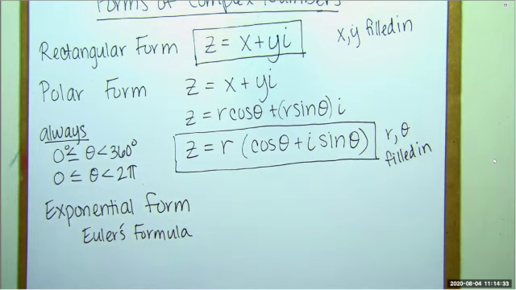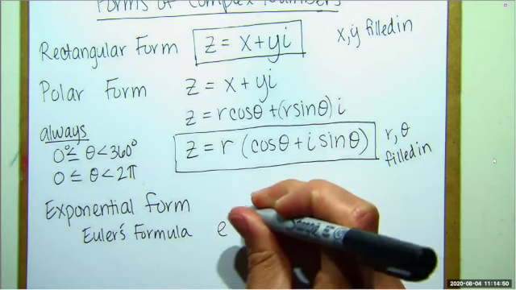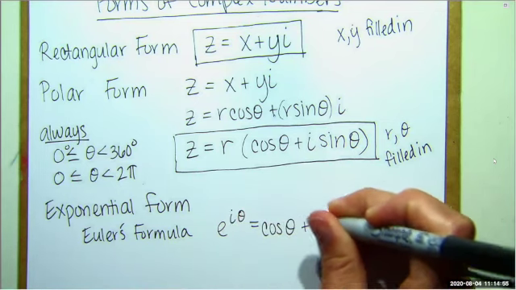Euler came up with this other really amazing formula, the proof of which is way beyond the scope of our class, or beyond even the scope of any calculus class probably. So I'm not going to show you the proof or even discuss it, but Euler's formula says that e to the i theta is equal to cosine of theta plus i sine of theta.